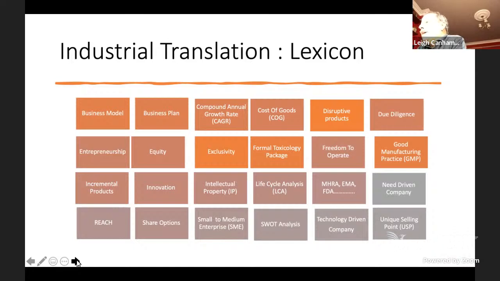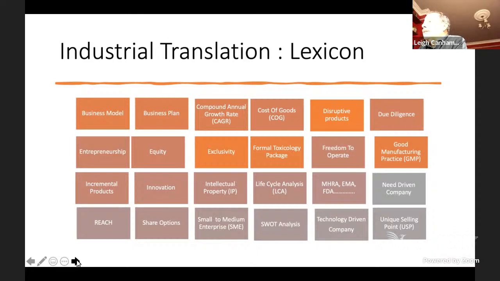Staying on the theme of medical, using nanoporous materials for medical applications, we'll see that to clinically translate, you have to move from the laboratory to patients. Before you can get anywhere near a patient, you have to show that your material that might be a biomaterial, useful medically, is safe, and you have to generate what's called a formal toxicology package.